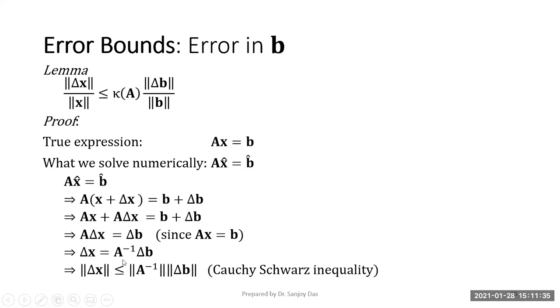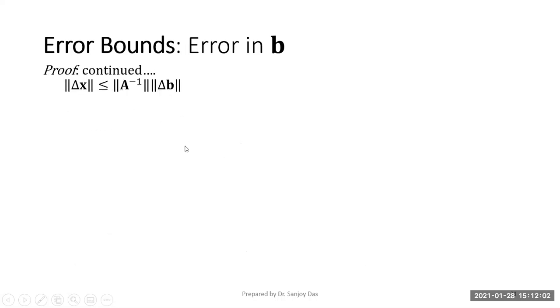So the norm of delta x, which is equal to the norm of A inverse delta b, will be less than or equal to the norm of A inverse times the norm of delta b. Okay? So this is our first expression that we need. What's our goal? To establish this upper bound relationship.